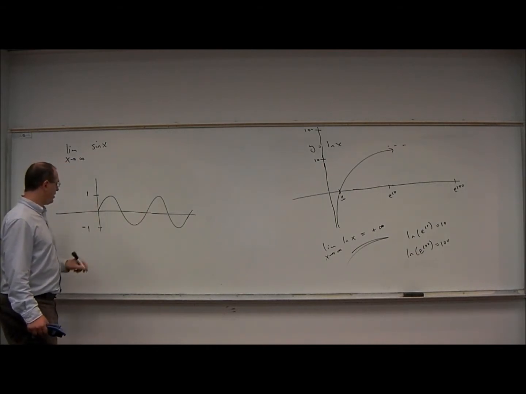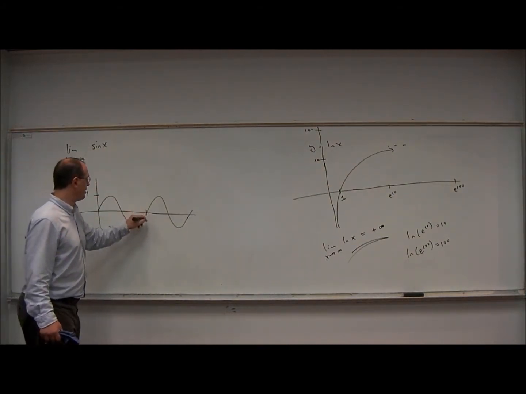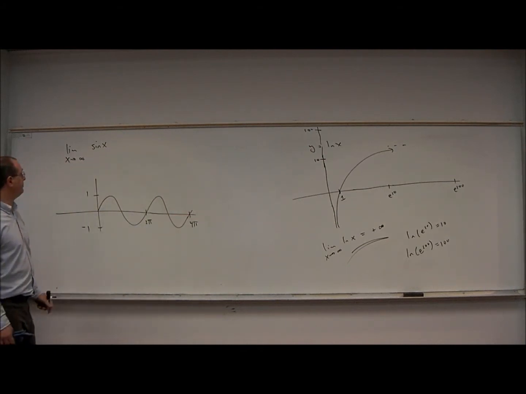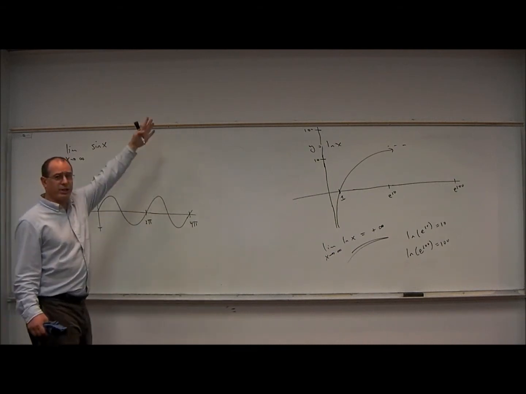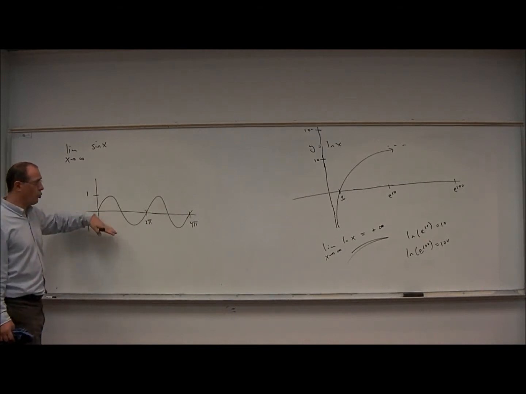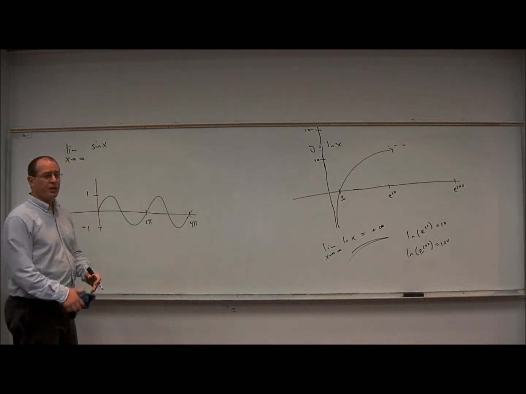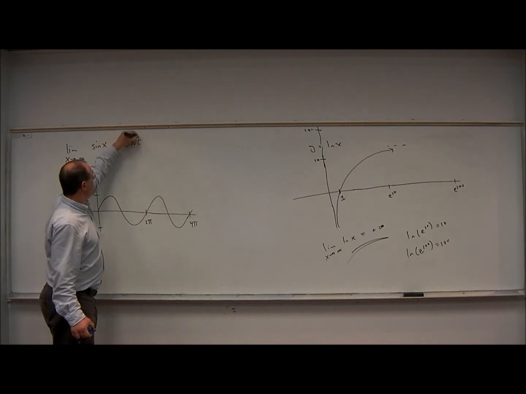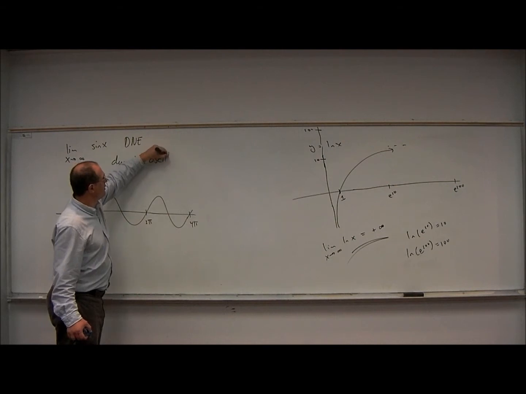It oscillates between the heights -1 and 1 every 2 pi units. So as x goes to infinity, the sine of x is not going to infinity, it's not going to minus infinity, it's not heading to 0 either, it's just wobbling back and forth between -1 and 1. So it's not approaching any fixed number. We say that this limit does not exist, and the reason is due to oscillation.